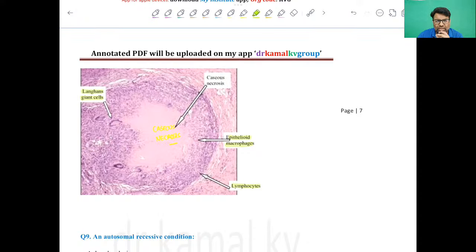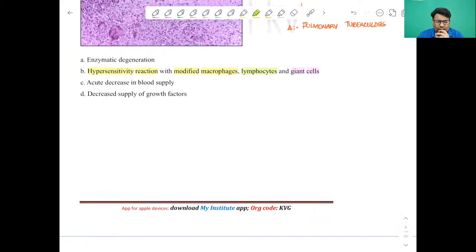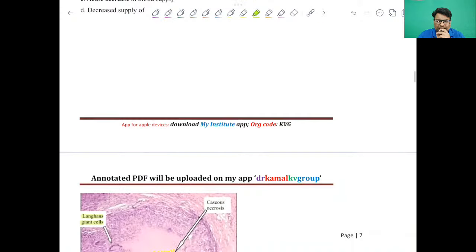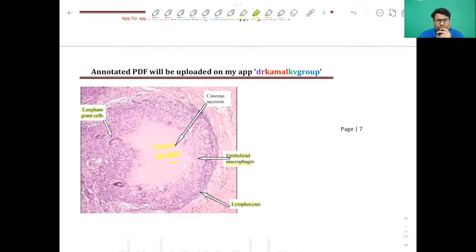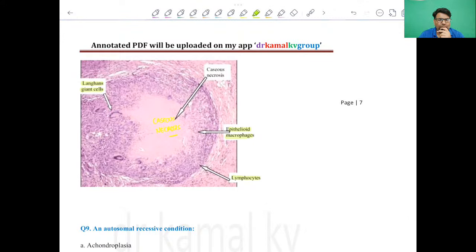So you can see these structures forming the rim here. Yes Varsha Thakur, absolutely right. This is hypersensitivity reaction with modified macrophages, lymphocytes, and Langerhans giant cells. So this is the classical picture of tuberculosis showing caseous necrosis. So please remember caseous necrosis for tuberculosis.